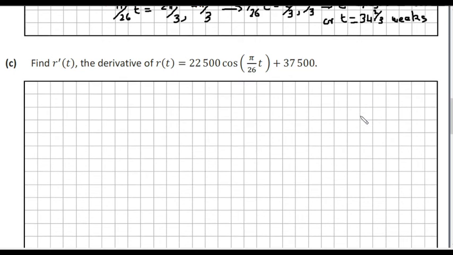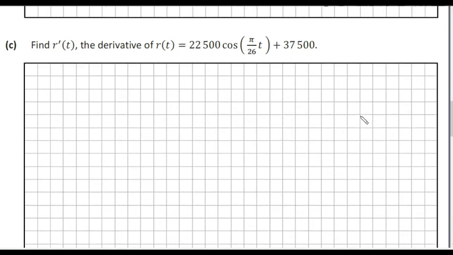Now on part C here, it wants us to find the derivative of this revenue function. Okay, so differentiating this, what we have here is a constant times a trigonometric function, in this case cos. So when we start differentiating this, whatever happens, that constant of 22,500 would stay there.